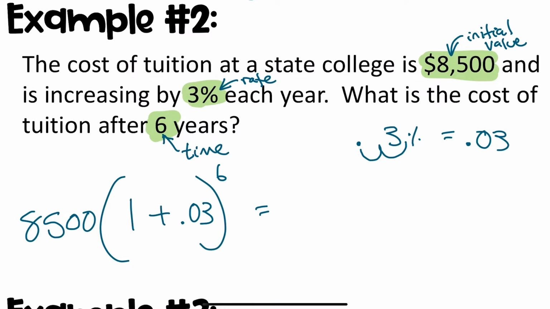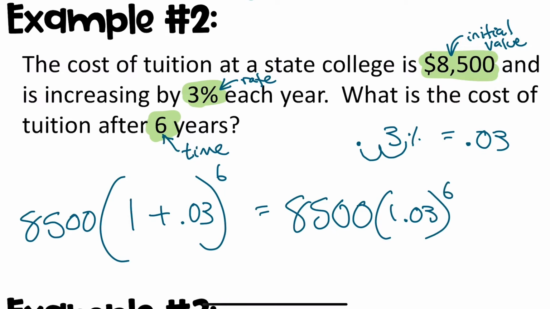Okay, so doing it by hand, I know I'm going to have to follow the order of operations. First order is parentheses, so I'm going to go with parentheses first. So that is going to be 1 plus 0.03. So I got that. All right, next thing is going to be exponents. So I'm going to do 1.03 to the 6th power.